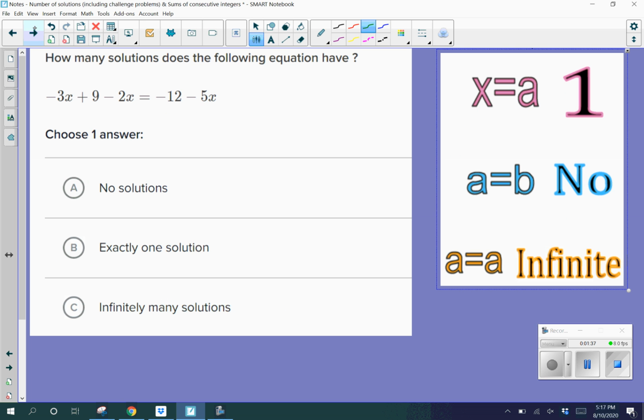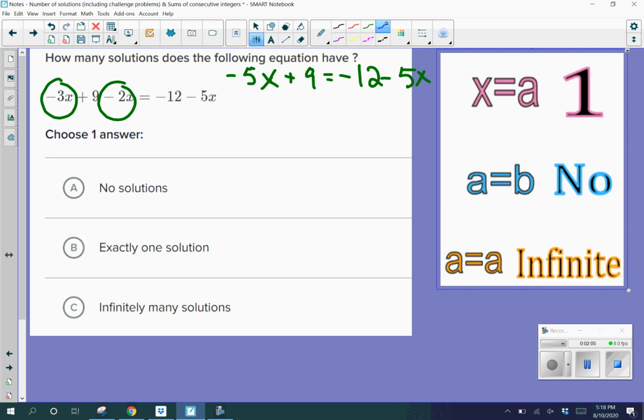Okay, let's take a look at one of these problems. So notice the problem. You're going to have to go through and solve these in order to determine if there's one solution, no solutions, or infinite solutions. So let's start here. I'm going to combine my like terms. I have -3x and -2x, which leaves me with -5x plus 9. And then that leaves me with -12 minus 5x.